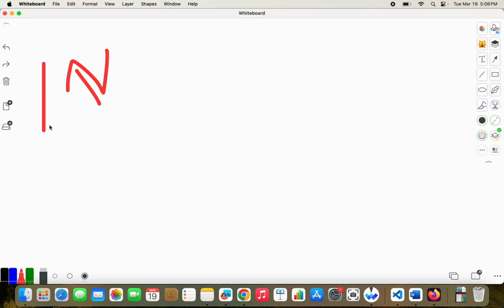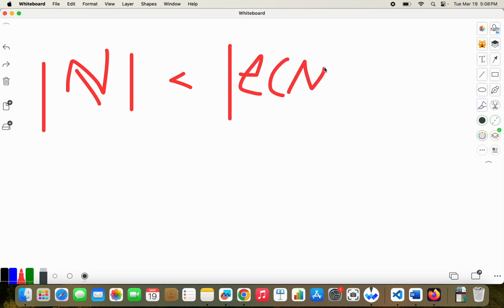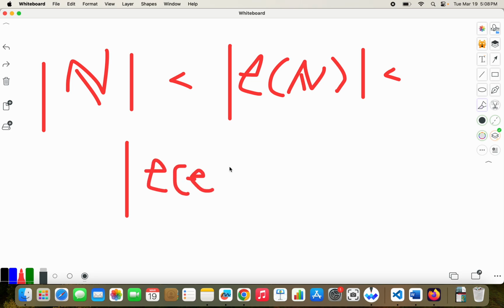Here, the cardinality of the natural numbers is officially less than the power set of the natural numbers, which is less than the power set of the power set of the natural numbers.